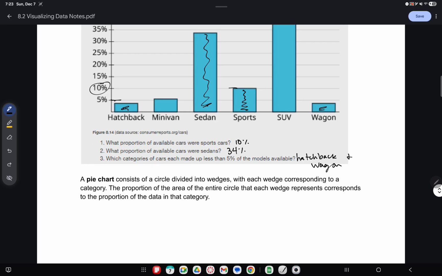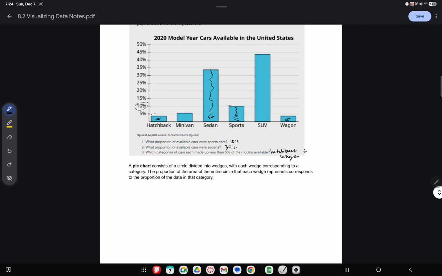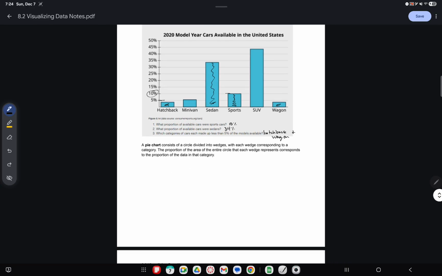Our pie chart consists of a circle divided into wedges, and those wedges correspond to the different categories. So let's do the one for cars. Make a circle, and do my best to draw a circle. And then I can make different colors for the different types.